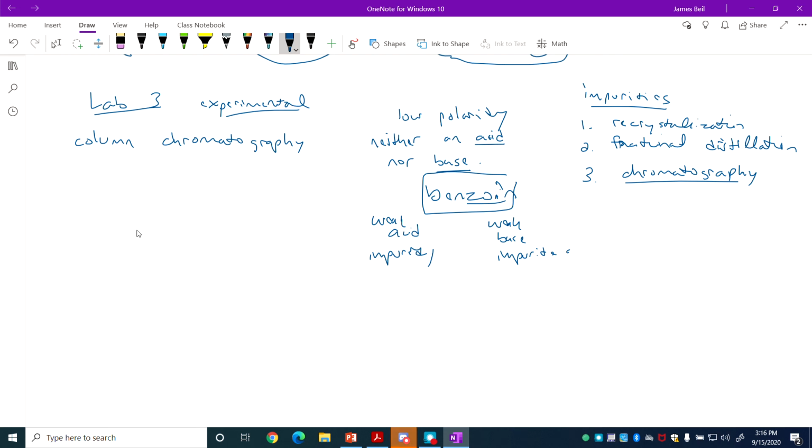So what we're going to do is use these little plastic columns that have an opening at the bottom.